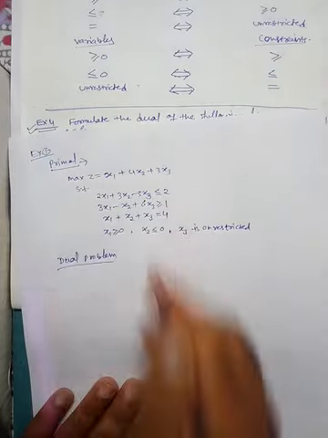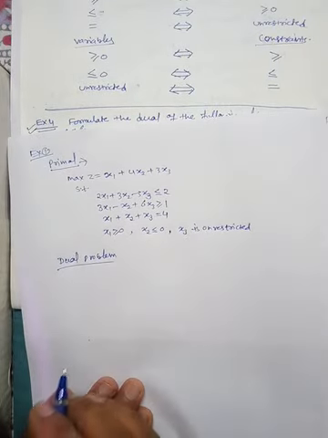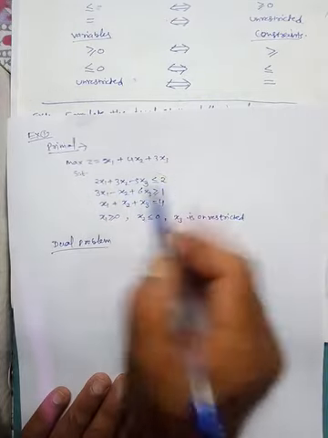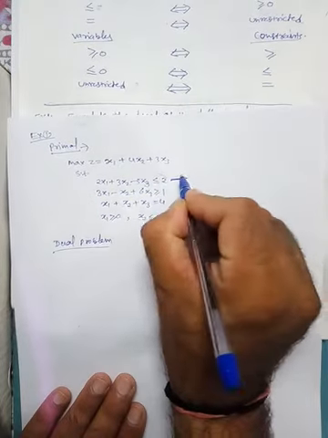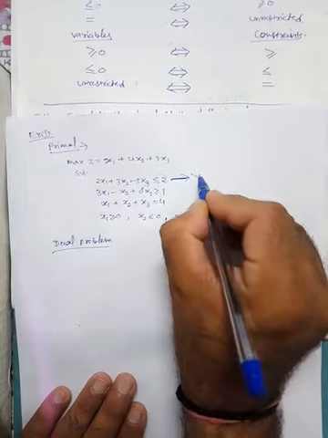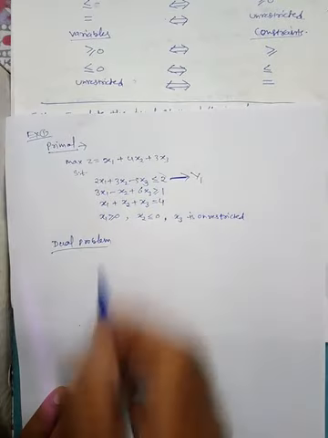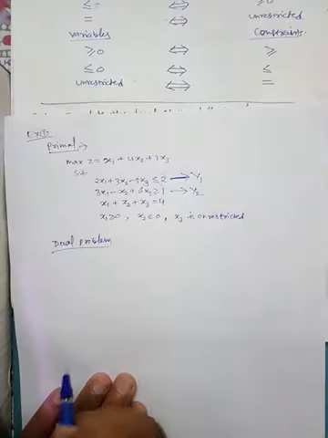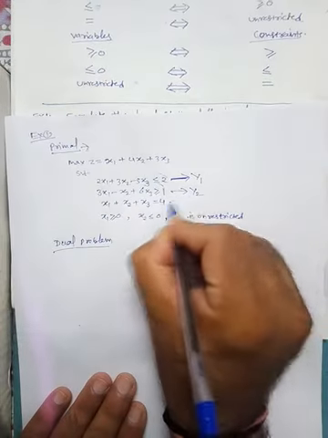So now we want to convert it to the dual problem. The procedure is that associated with each constraint we have a new variable. For the first constraint we have a new variable, say y1. For the second constraint we have a new variable y2, and for the third constraint a new variable y3.